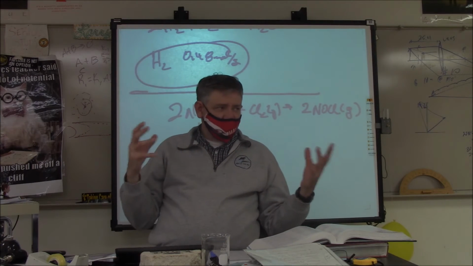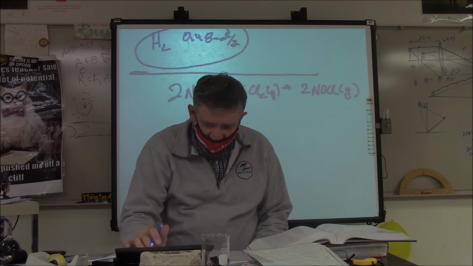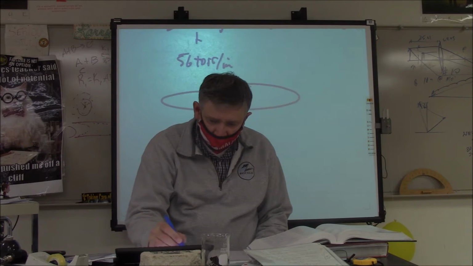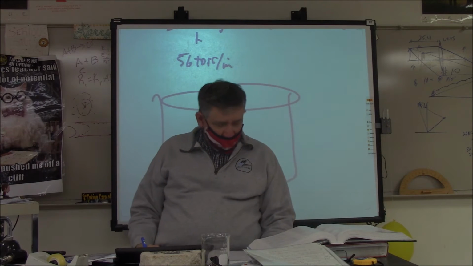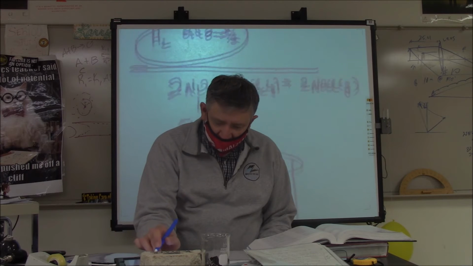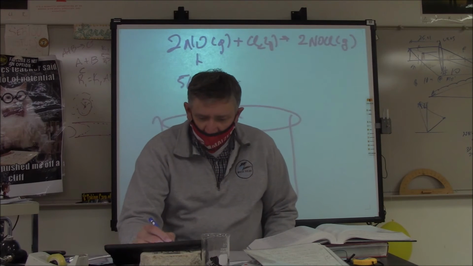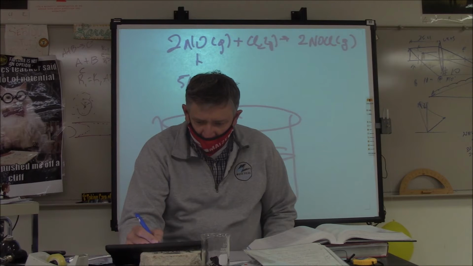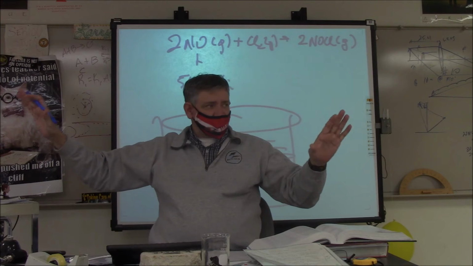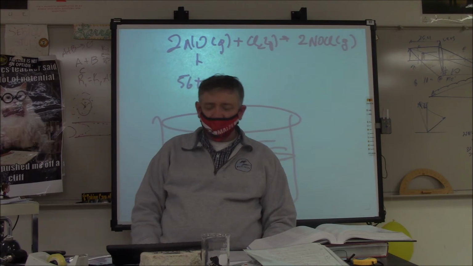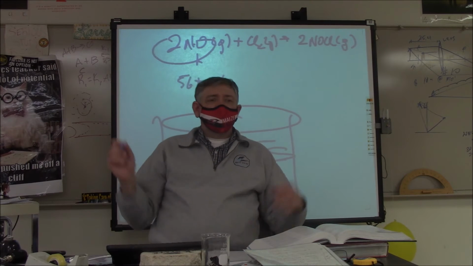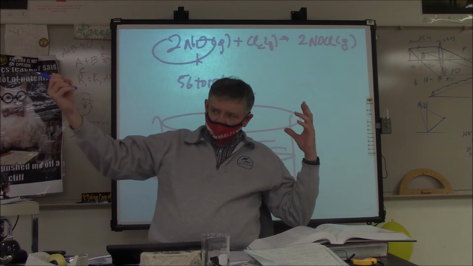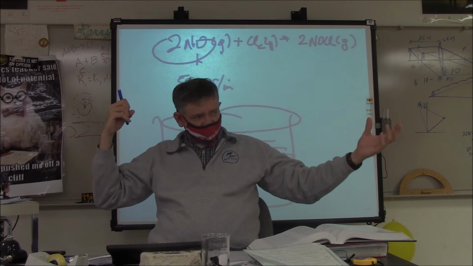So basically, if you think about what's happening inside this reaction vessel, okay? You kind of got to visualize what's creating pressure. Pressure is created by these little particles bouncing around, and you got some chlorine gas in there as well. So this pressure is created by all these little particles hitting the sides of the container. So as the reaction progresses, you're going to decrease the number of NO particles, and you're going to decrease the number of chlorine particles.